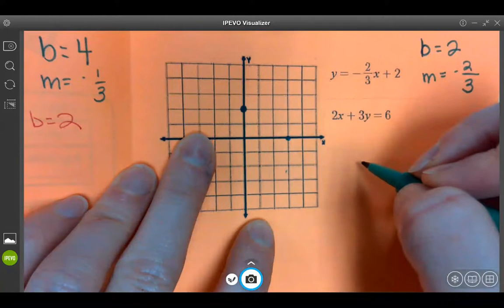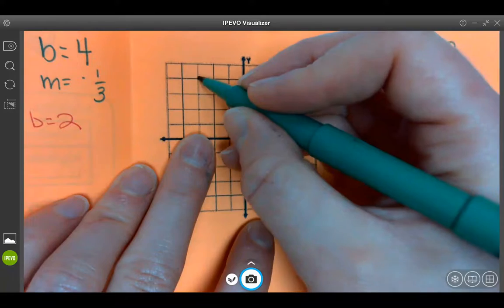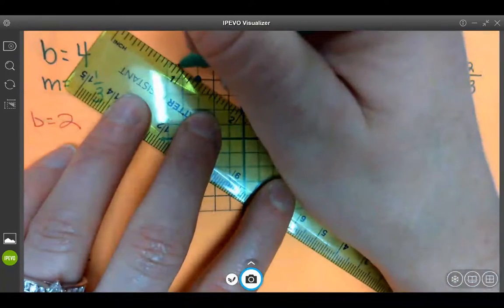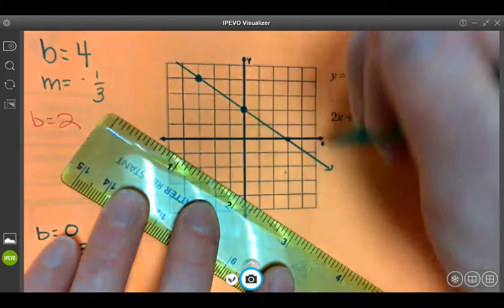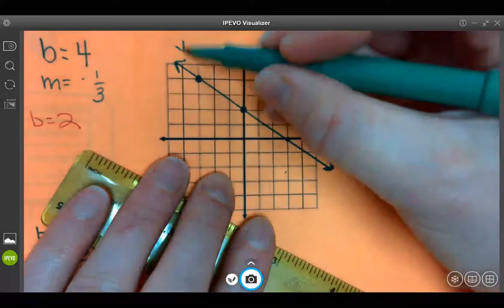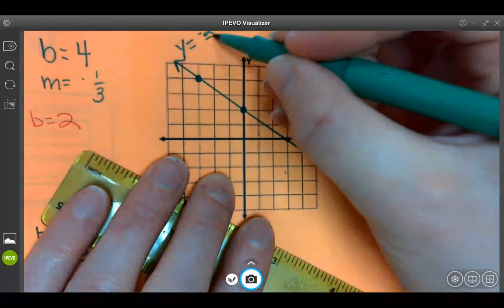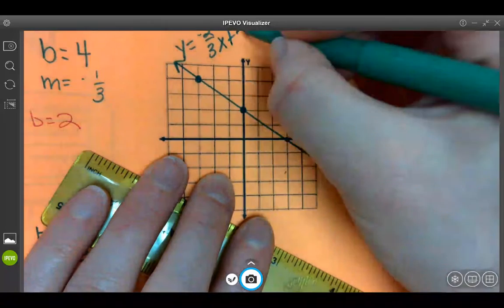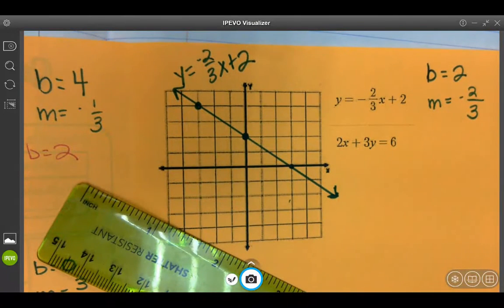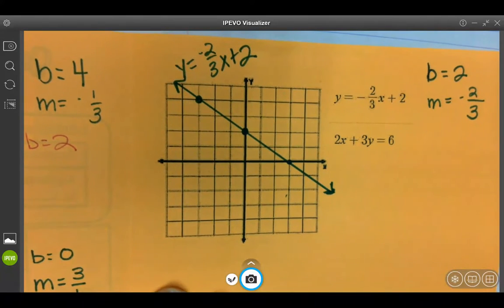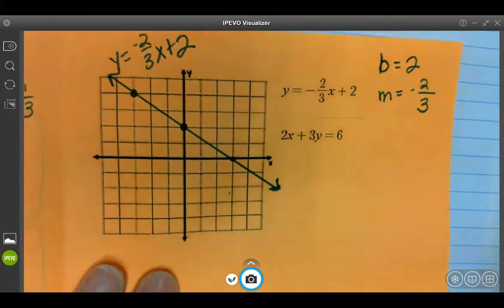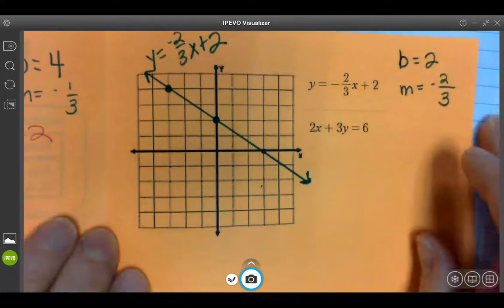I can't go down 2 and over 3 again, so I'm going to go up 2, left 3. Okay, let's do the next one.